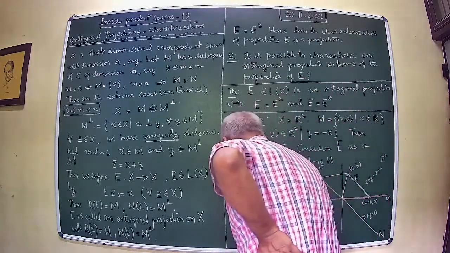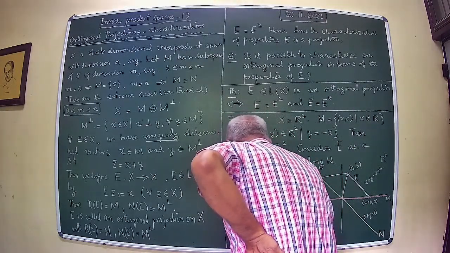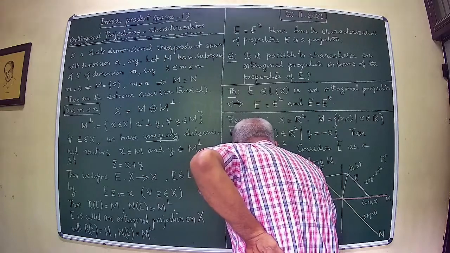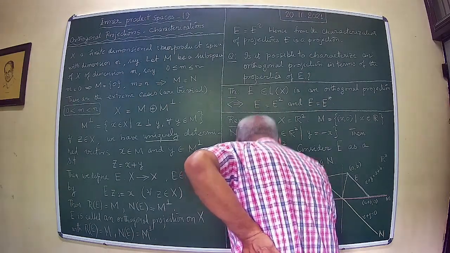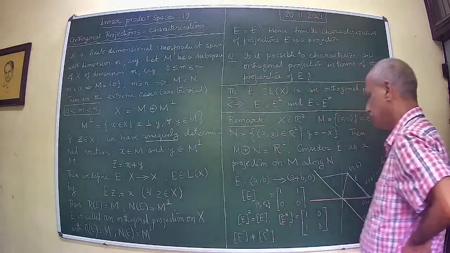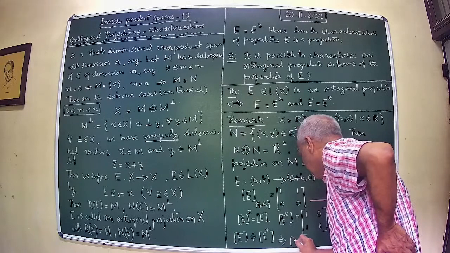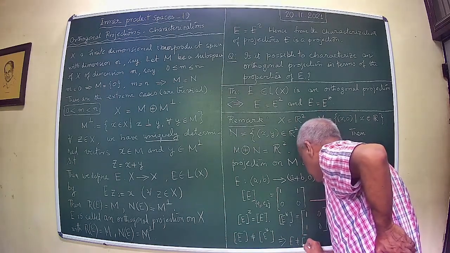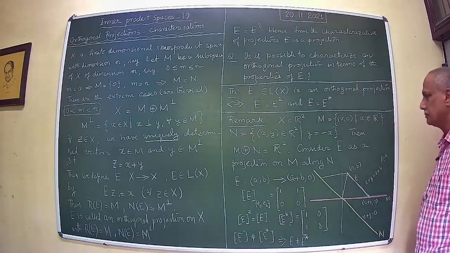Then you see that E is not equal to E star, which implies the operator E is not equal to E star. So E is not self-adjoint.